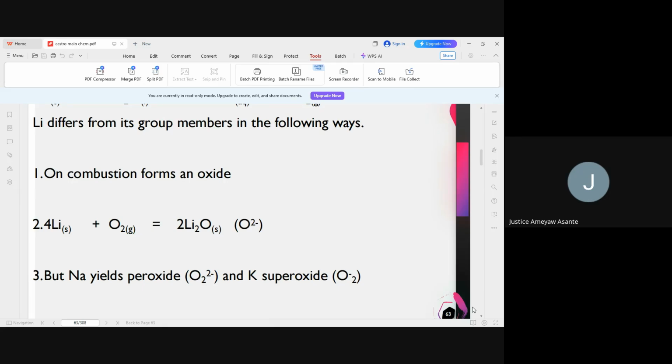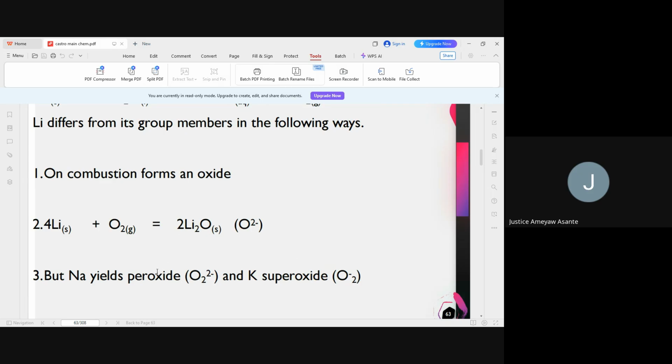Oxide. You see, group 1 elements can form three types of oxide: either ordinary oxide, in which oxygen has an oxidation state of -2, or peroxide, in which oxygen shows an oxidation state of -1, or superoxide, in which the oxidation state of oxygen is -0.5.